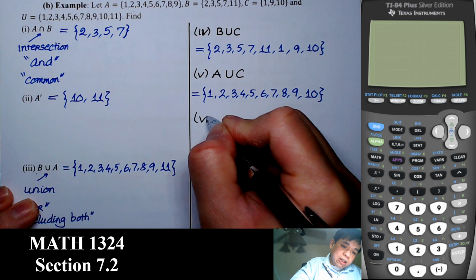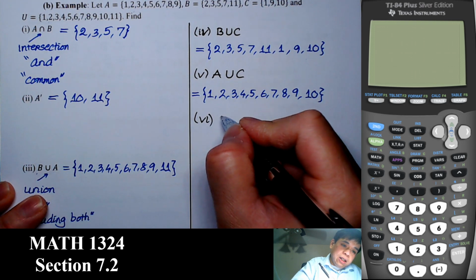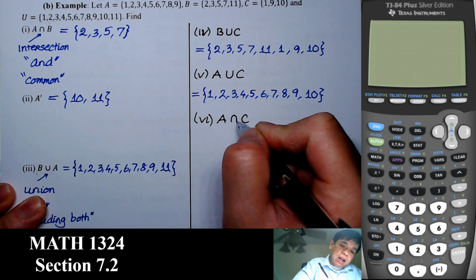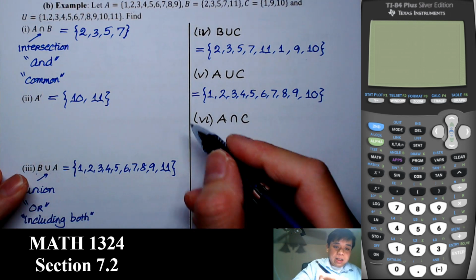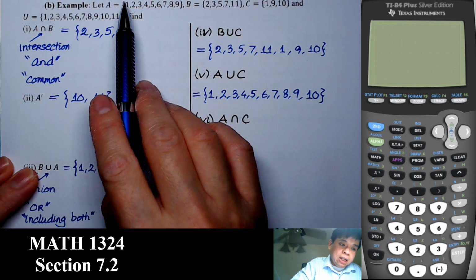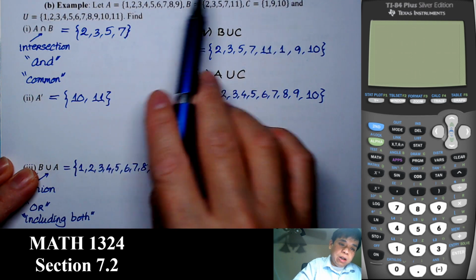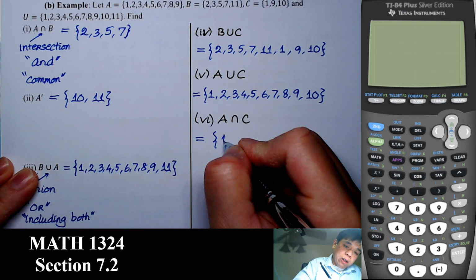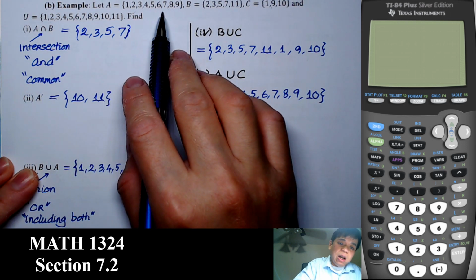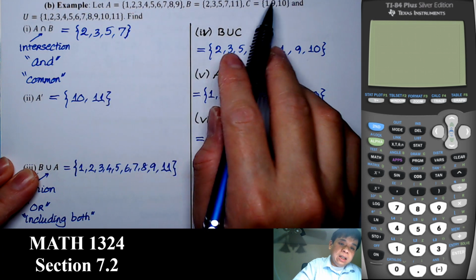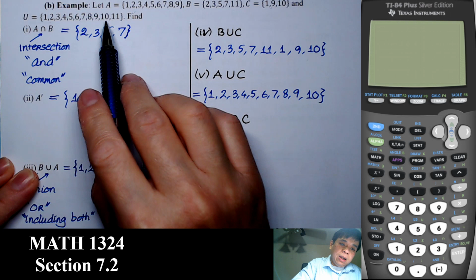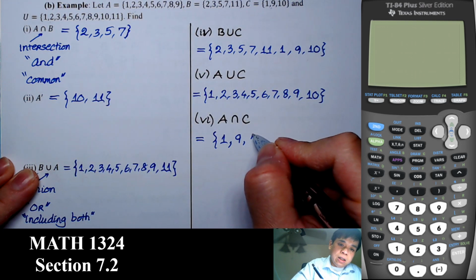And then number 6. Let's say, how about A intersection with C? Now that is the overlapping, the common. So what is in A and in C? So the 1 is in A and in C. So that is in both A and C. So we have 1. 2 doesn't work because 2 does not belong in C. 2, 3, 4, 5, none of this work until 9 in A and 9 is in C. And then there's a 10.